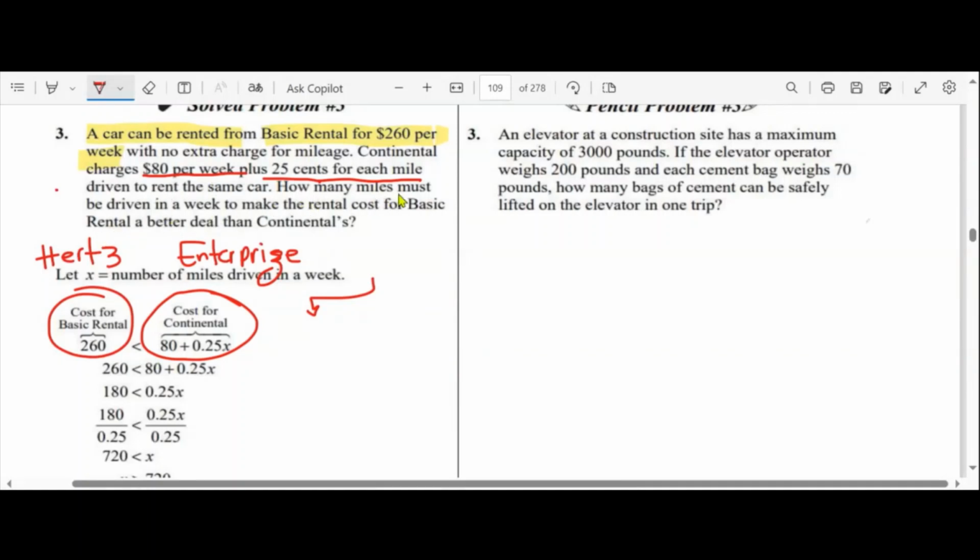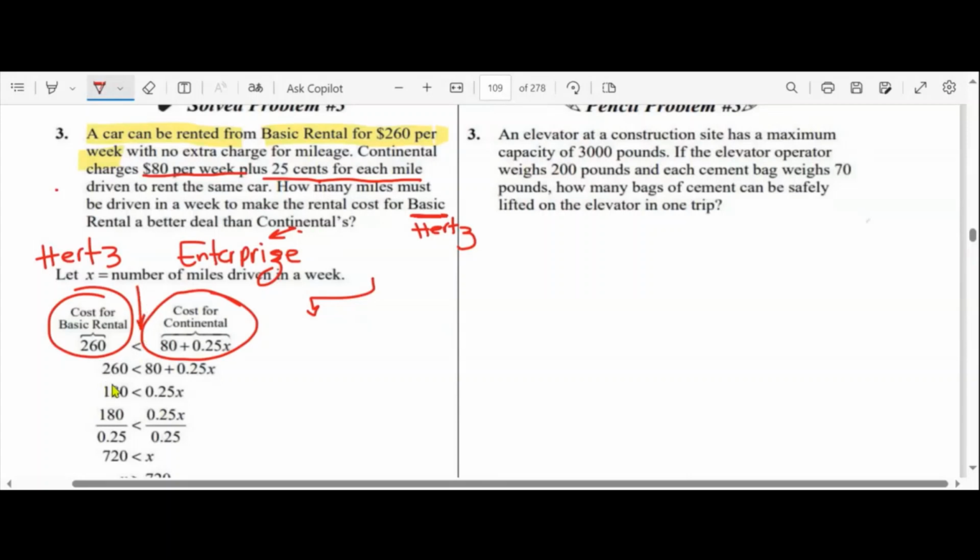How many miles must be driven in a week to make the rental cost for Basic Rental a better deal than Continental? Continental means what? Enterprise, right? So we're going to make it less than, right?